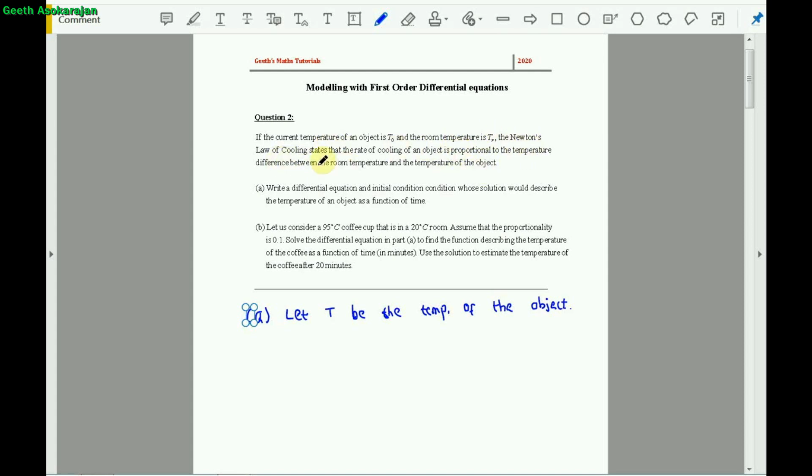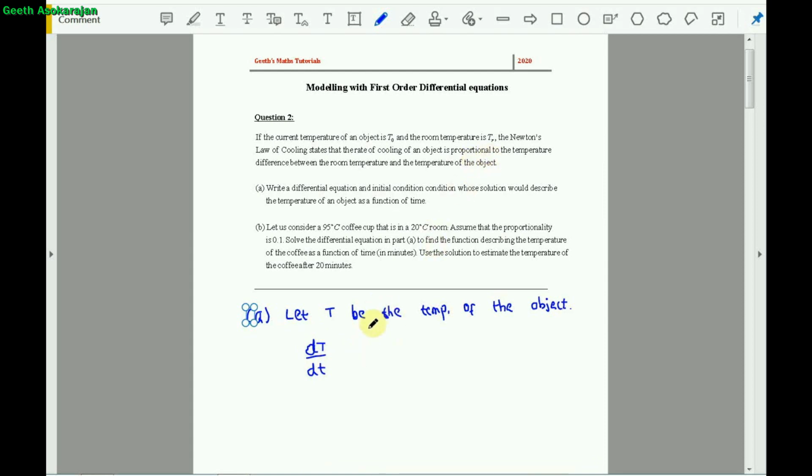So going back to this sentence, Newton's law of cooling states that the rate of cooling of an object, so by this term rate refers to d by d small t, where small t refers to time. So let's create an equation. So we have d capital T over d small t, okay?